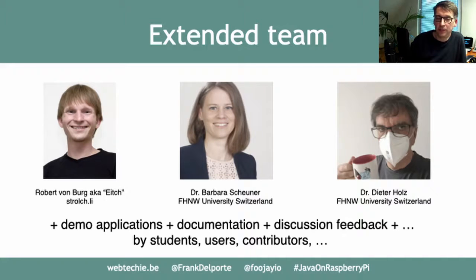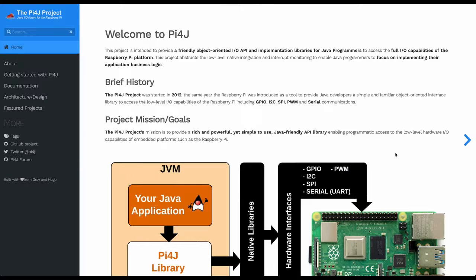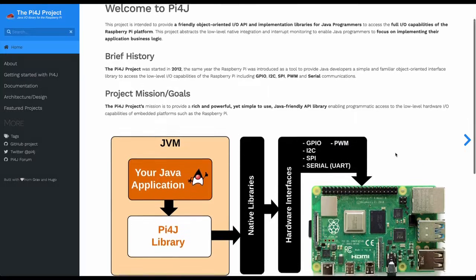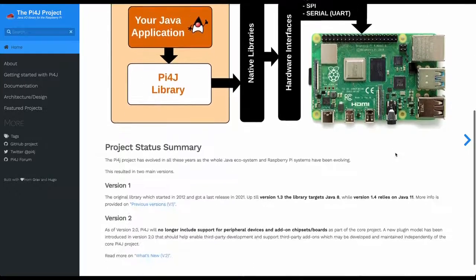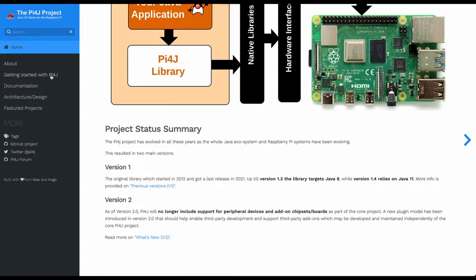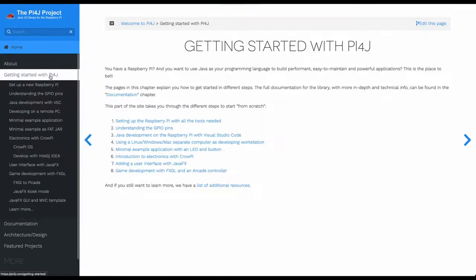Now, next to all these contributors, we also have other contributors, of course, who extended the documentation, provided demo applications, a Maven archetype. All this kind of stuff is ongoing inside this Pi4J project. Now, to document everything, we launched a new website in 2021 also. The goal of this website is to provide all documentation related to Java on Raspberry Pi.